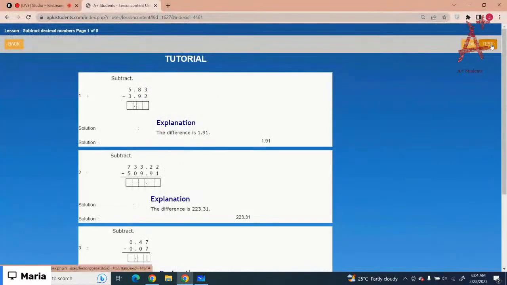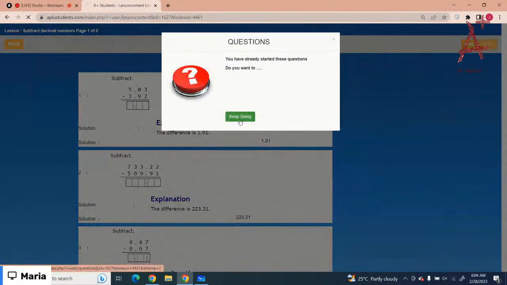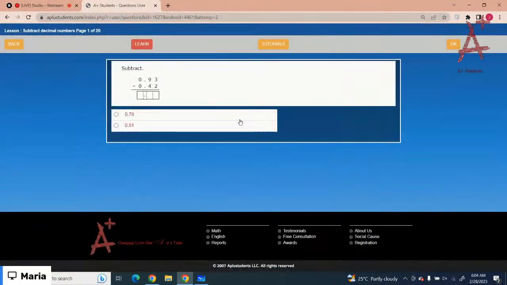Let's start with the test questions. The first one is 0.93 take away 0.42.